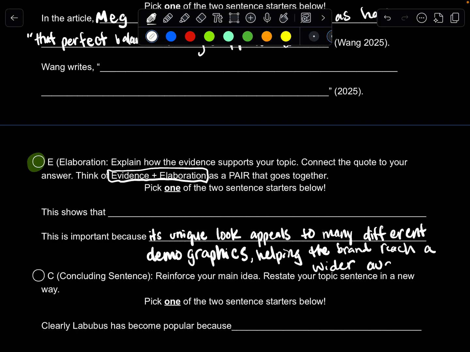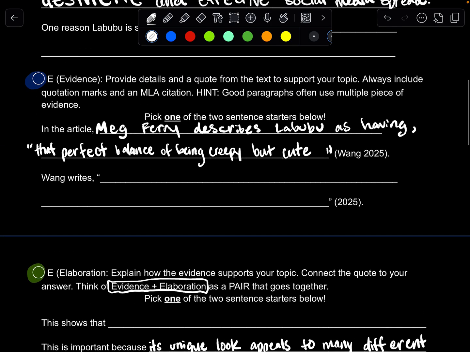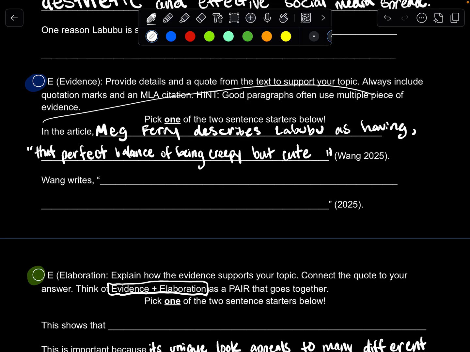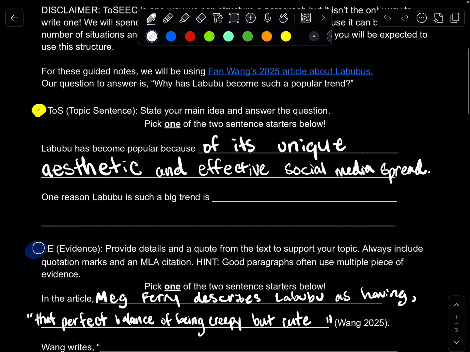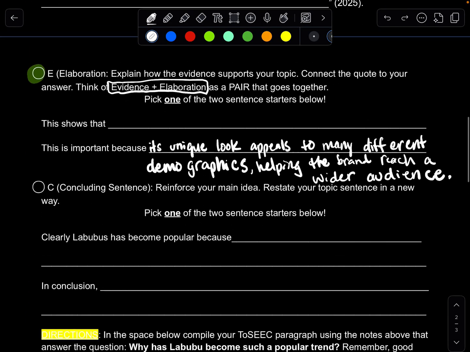I'm so sorry. I got carried away. I got really excited with this answer, and so I just kept writing. So, this is important because its unique look appeals to many different demographics, helping the brand reach a wider audience. So I'm saying exactly how my evidence that I chose is connected to my original topic sentence, that its unique aesthetic and effective use of social media spread is why it's popular.